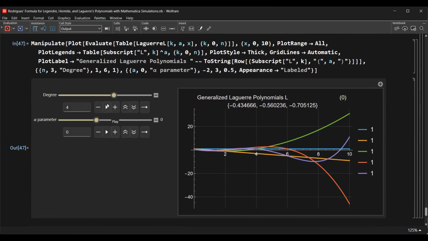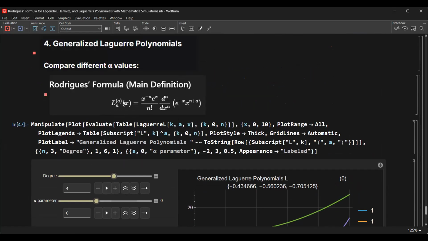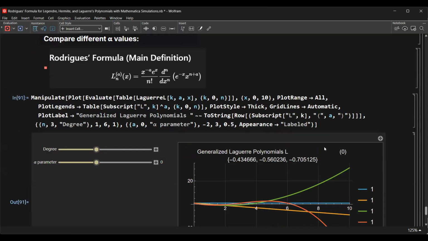We have also this, now this is for the Laguerre with the parameter. So in our example, the degree is 3, and the corresponding value for the parameter is equal to 0.